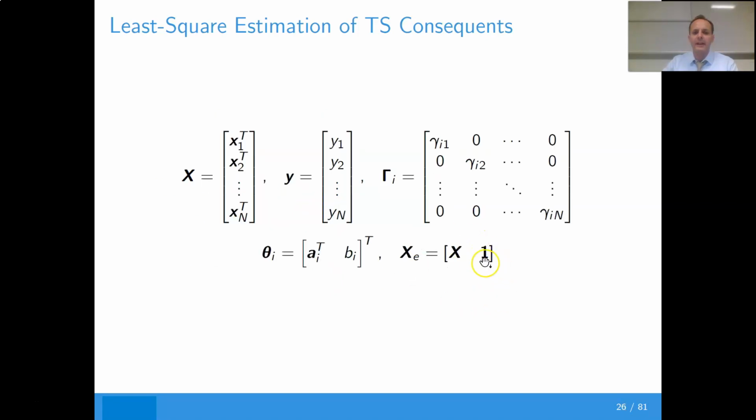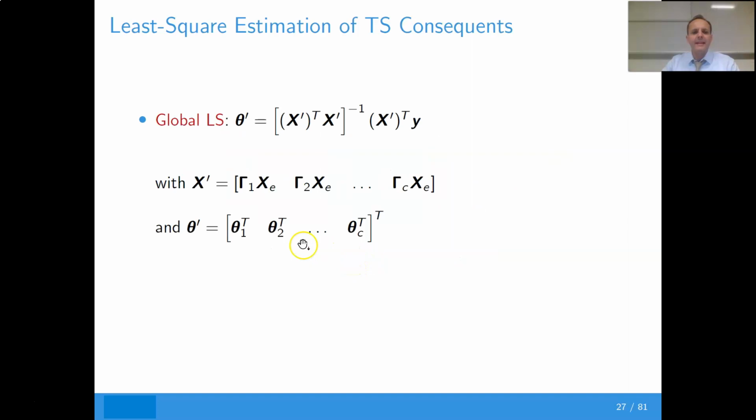If you remember, it contains x plus 1, because 1 is the vector which multiplies the constant variable bi, and so you have one gamma matrix, one for each rule. It means that the global least square is optimizing in the least square way all the parameters in all the rules with respect to all rules.